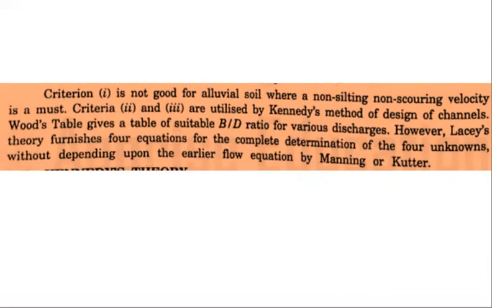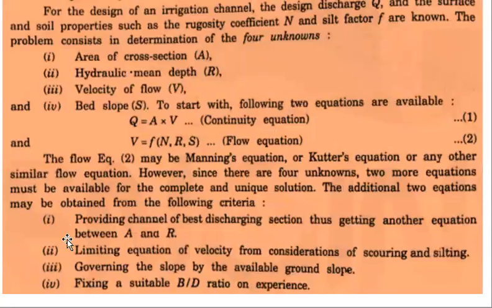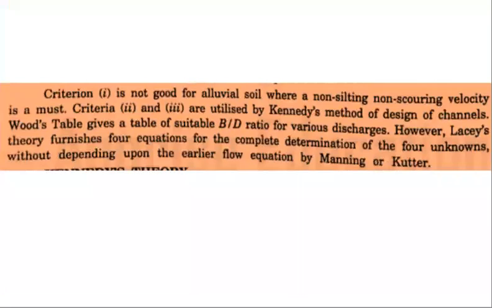So the criterion for this, the first one, is that it is not good for alluvial soil where a non-silting or non-scouring velocity is a must. And criteria two and three are utilized by Kennedy's method of design of channels. So this is criterion one.